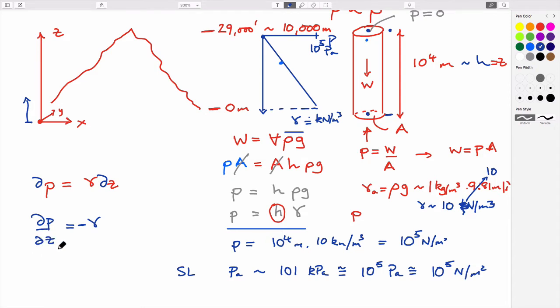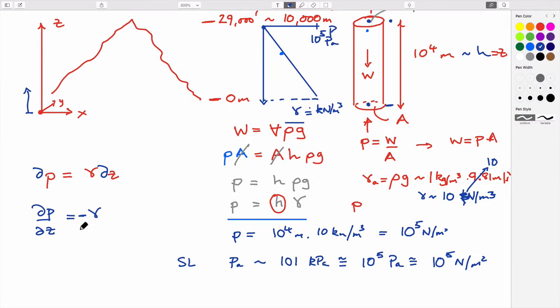This is a constant which is positive. As we increase z, we know pressure is going to decrease, and so to get that to work, we just have to have a minus in front of this, just a sign convention. Okay?